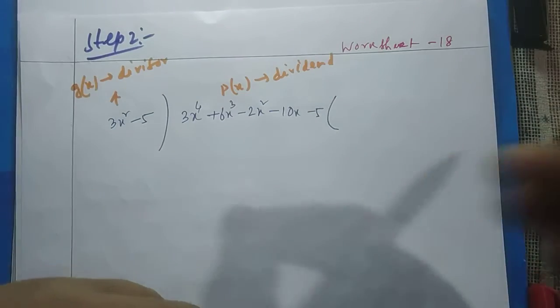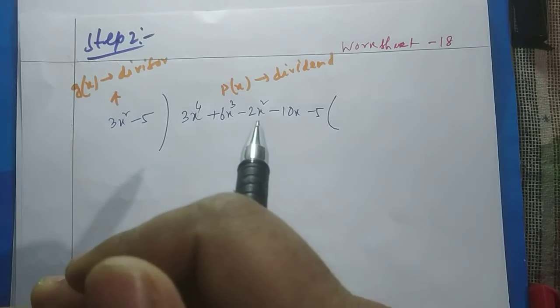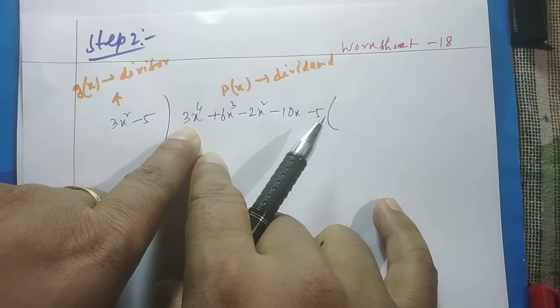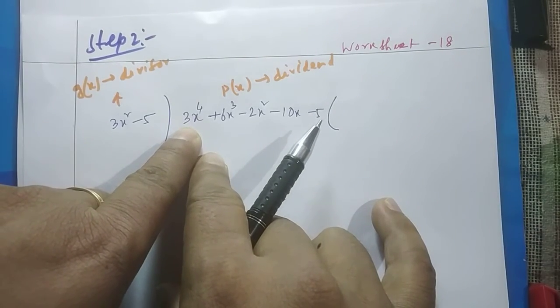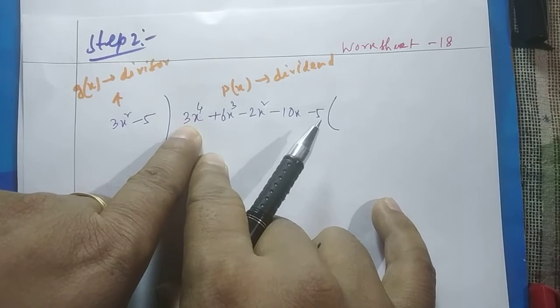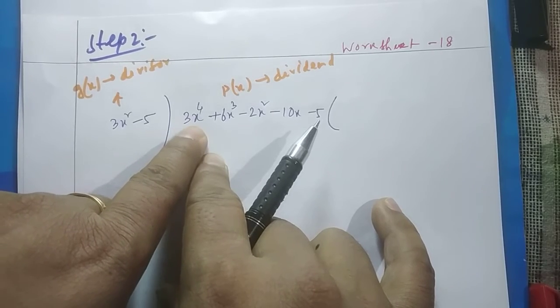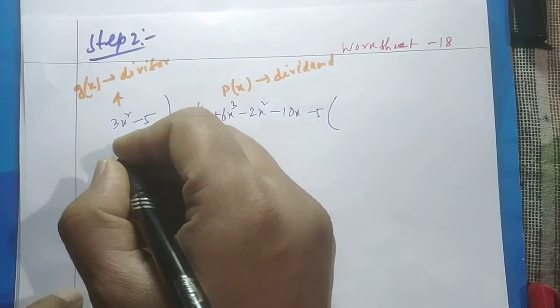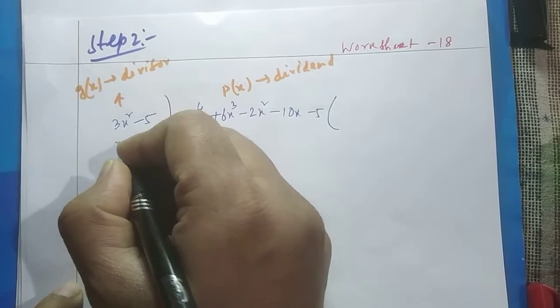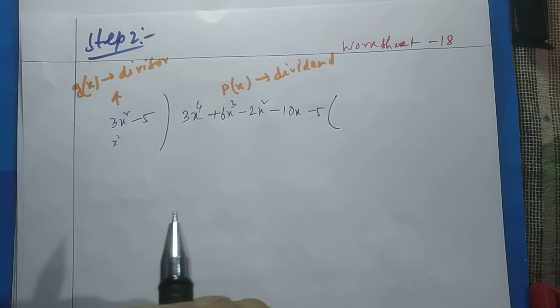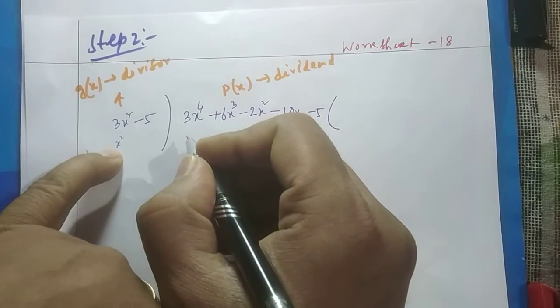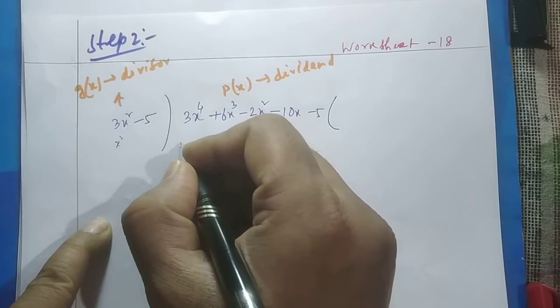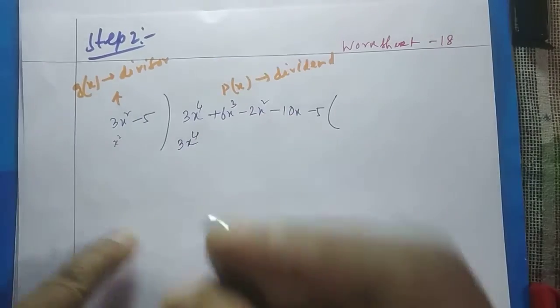Now let us start the division process. Correct? Now look at the first term to be cancelled. The first term is 3x power 4. For this purpose, you have to multiply the divisor with x square. Right? Then it will become x square into 3x square, which is 3x power 4.